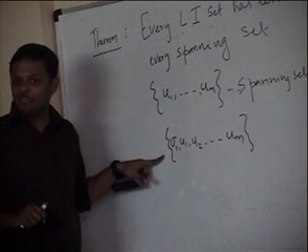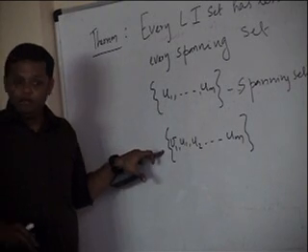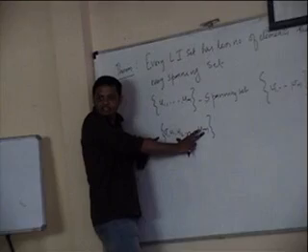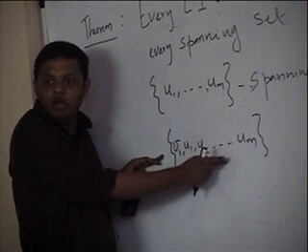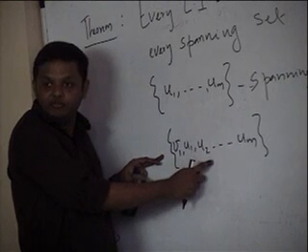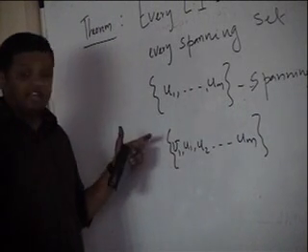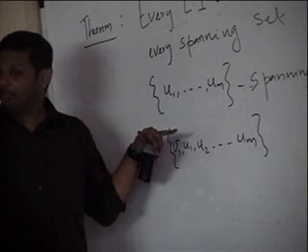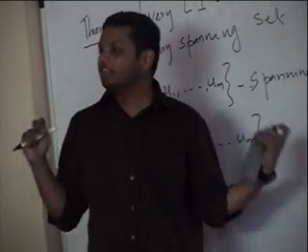Because of that, this has to be linearly dependent, because V1 can be written as a sum of the Ui's, since U1 to Um is a spanning set. So V1, U1, up to Um is a linearly dependent set.